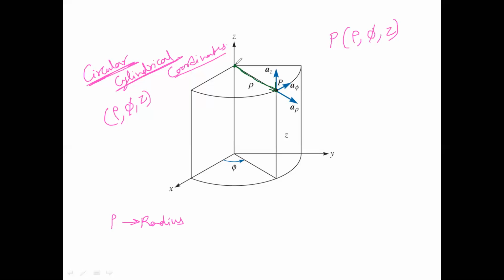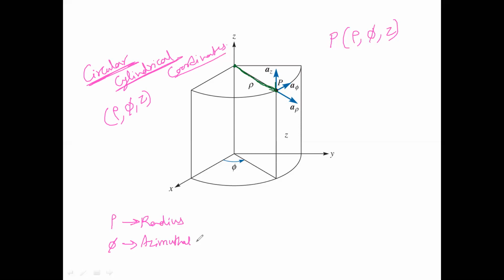The green line is pointing towards P, passing through P. This distance is called the radius of the cylinder passing through P. Here, it is the radial distance from the z axis, which you need to remember. Then the other parameter, phi, is called the azimuthal angle.